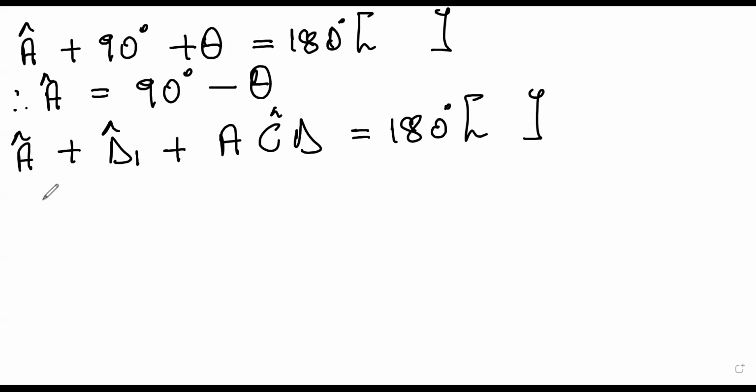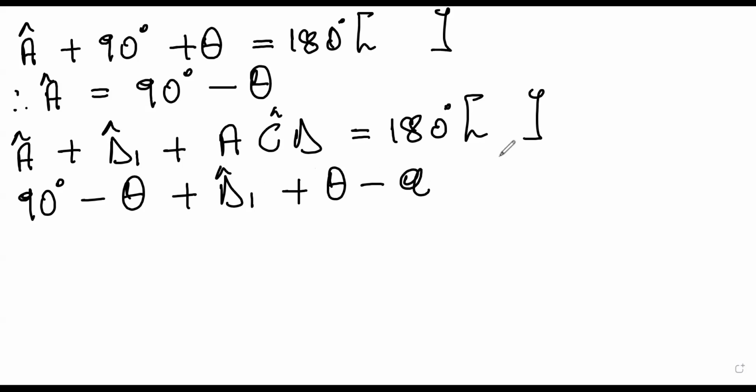But now we know angle A is 90 degrees minus theta. We are looking for angle D1, but angle ACD, we just found it. We got it as theta minus alpha. And everything must be set equal to 180.